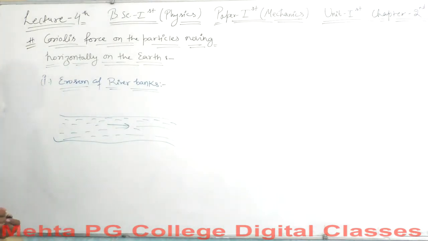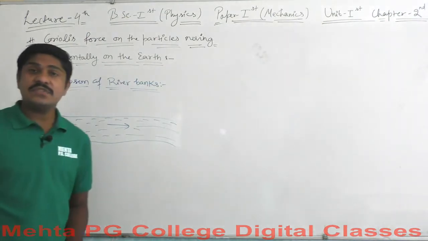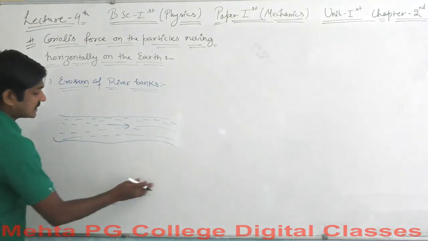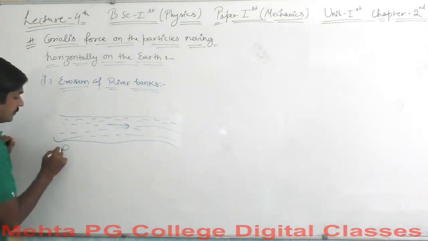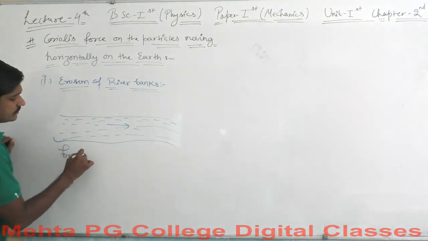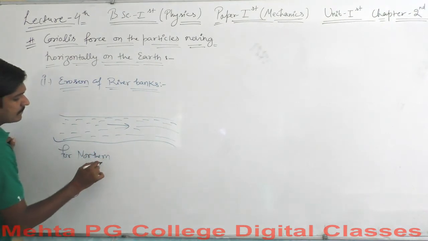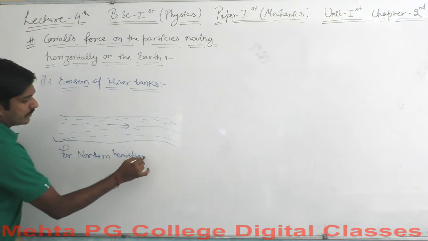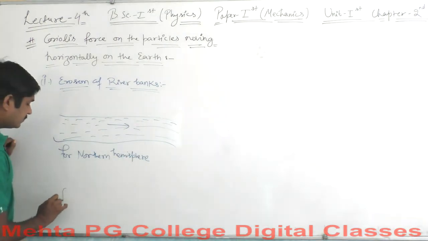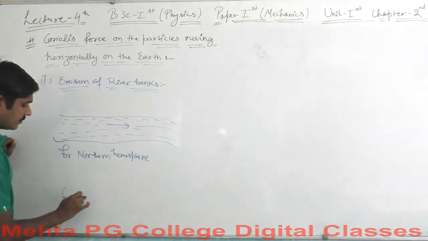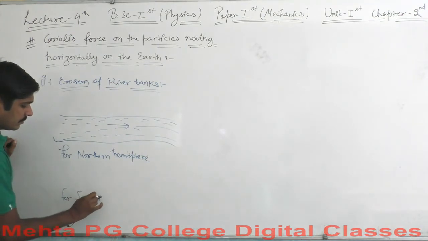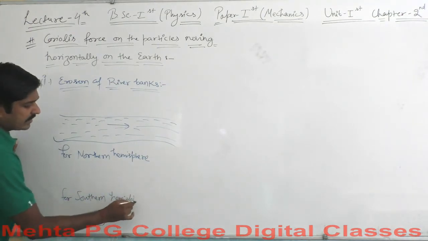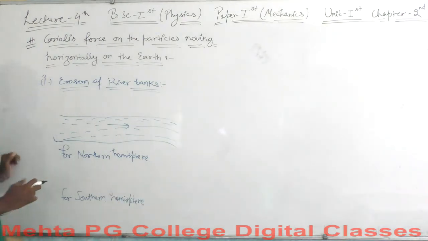So what we are trying to say is, if this river is flowing in the northern hemisphere or in the southern hemisphere, what will happen? For the northern hemisphere, and for the southern hemisphere.